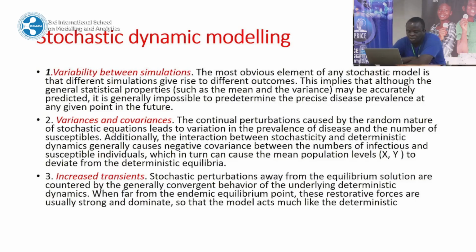2, you have variances and covariances. These are the features of a stochastic dynamic model. The continual perturbations caused by the random nature of stochastic equations lead to variation in the prevalence of disease and the number of susceptible.